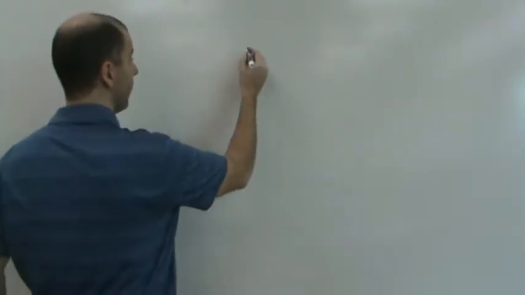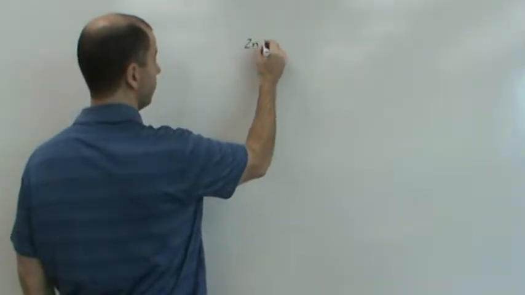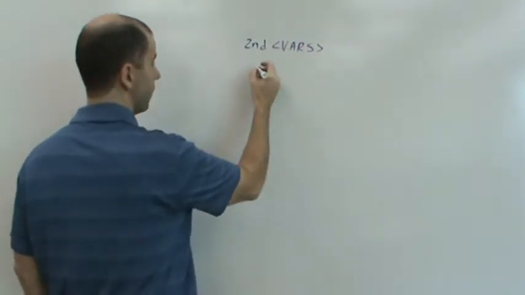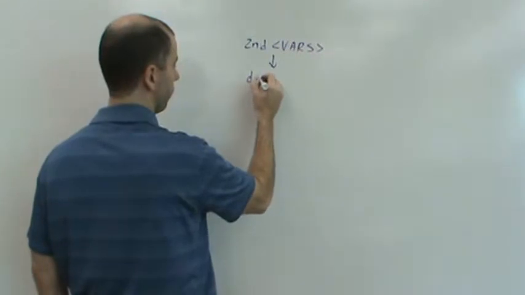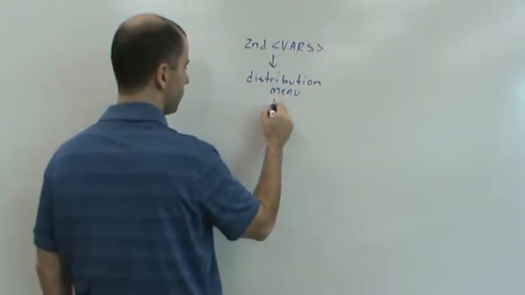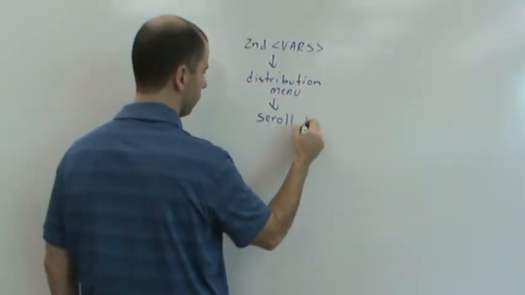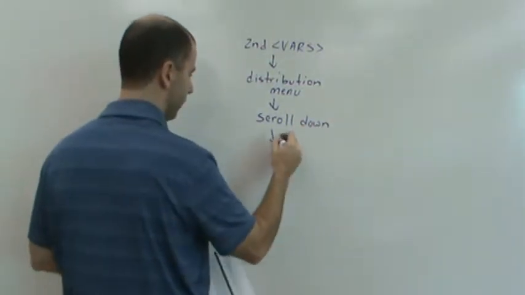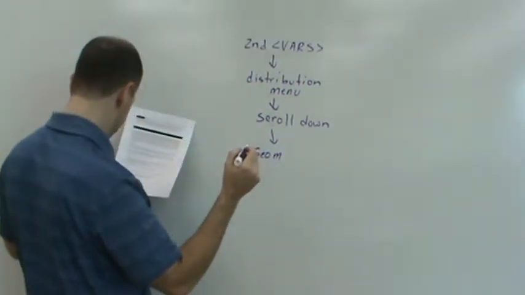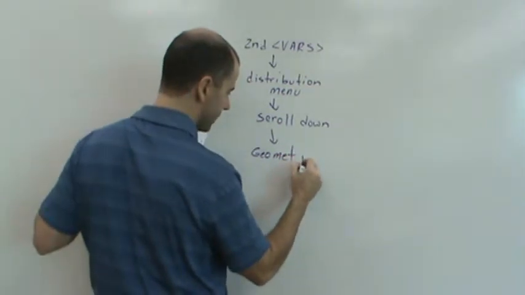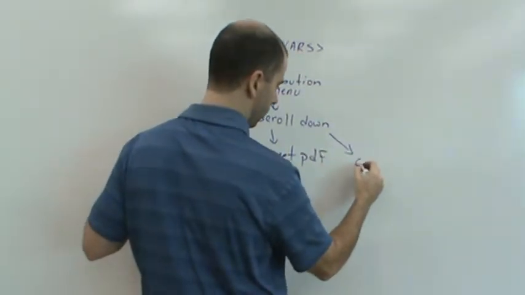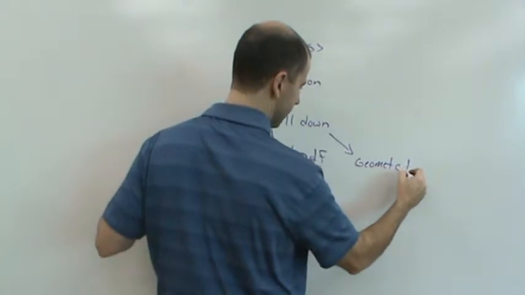To get to that function, all you have to do is press second bars to get to your distribution menu, and then just scroll down until you find geometPDF or geometCDF, right?